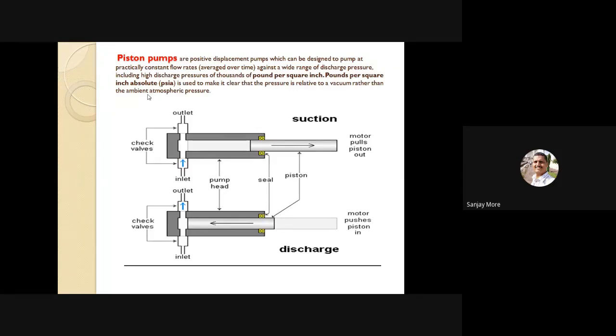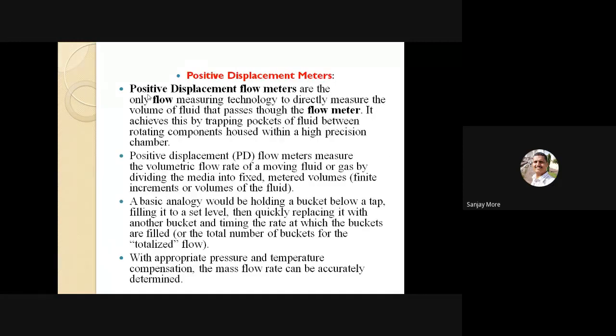Here write down what is meant by positive displacement meter. Under this diagram, write down 2-3 points.